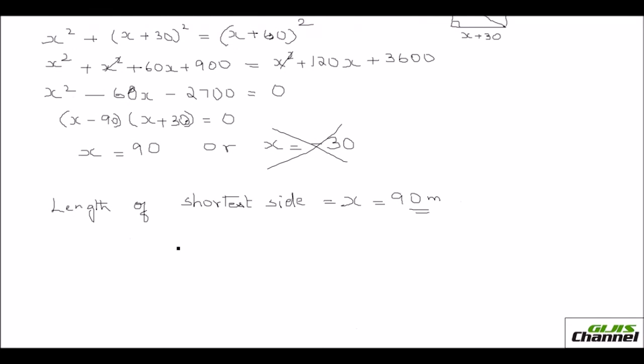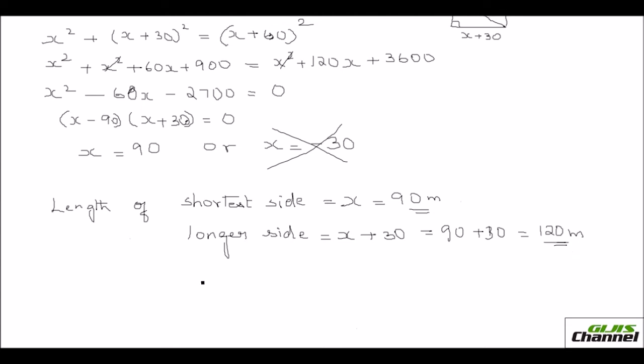Next will be your longer side, x plus 30. X is 90, so it is 90 plus 30. So your answer is 120 meters. That is your longer side.